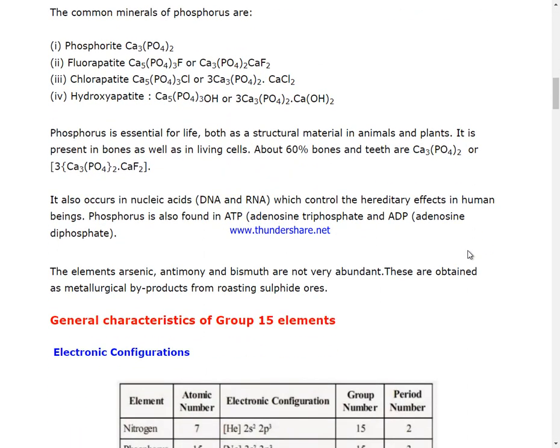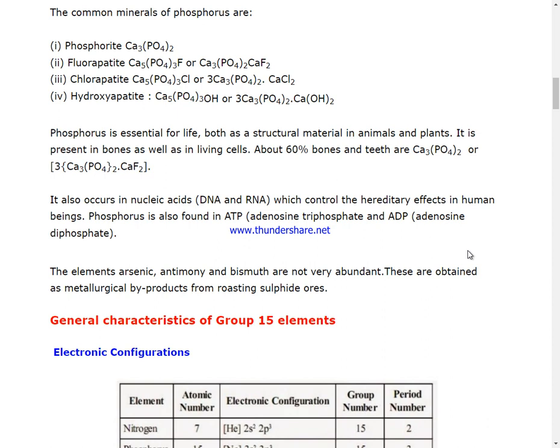Phosphorus is essential for life, as a structural material in animals and plants. It is present in bones as well as in living cells. About 60% of bones and teeth are calcium phosphate or fluorapatite.